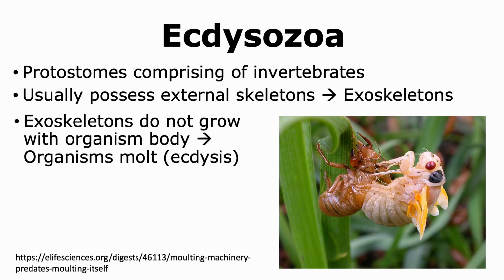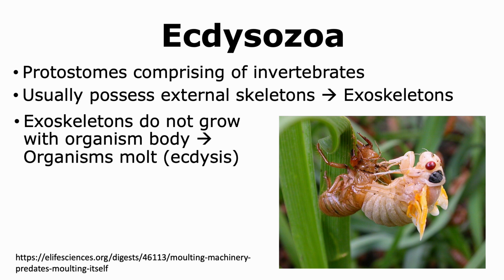These exoskeletons do not grow as the body of the organism grows, and hence the organism is forced to shed or undergo a process called molting, where it discards the exoskeleton. Molting is also called ecdysis, from which the name Ecdysozoa originates.